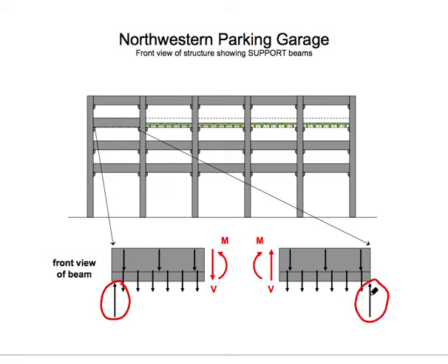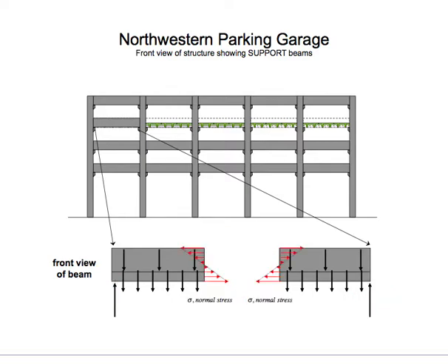And if we make a mathematical cut through the beam, we see that what we expose here are the two resultants of the bending moment M and the shear force V. And what you've seen before is that the bending moment M is a resultant of the normal stresses. And the way that these support beams are loaded through weights, the top fibers of those beams are in compression. The lower fibers are in tension.